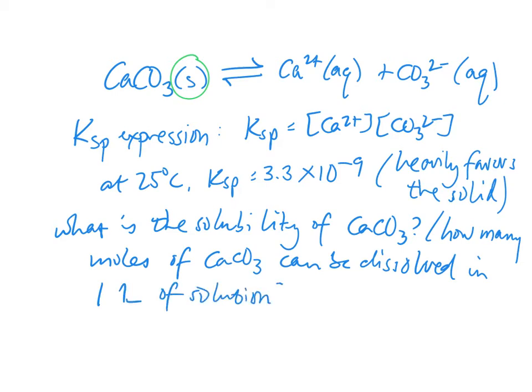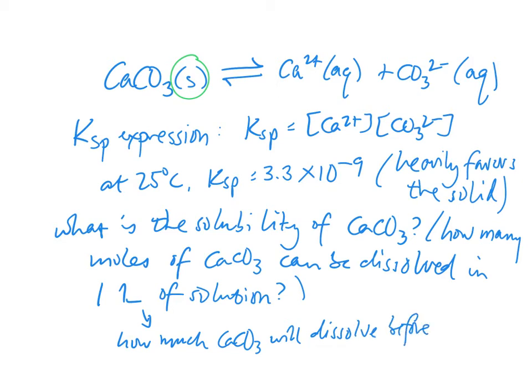So what we're really trying to find out is, how much calcium carbonate could I add to a liter of water roughly until it stops dissolving? How much CaCO3 will dissolve before it stops dissolving?